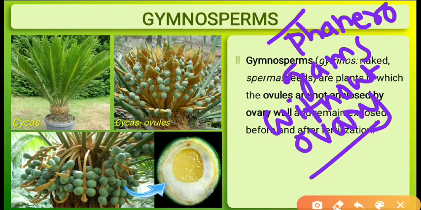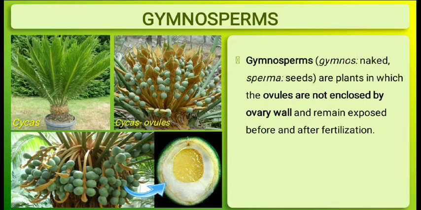Because the seed is naked, there is no ovary, which means there is no fruit wall. Examples are Cycas ovule, and we will see many more examples ahead.